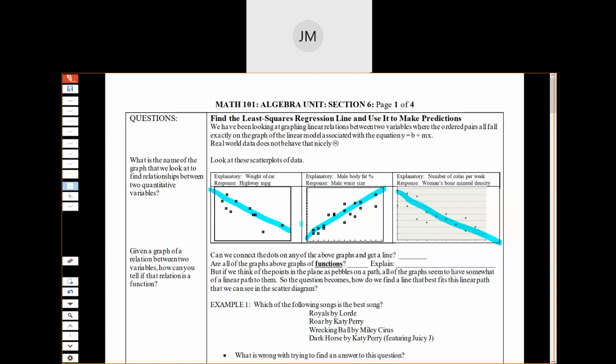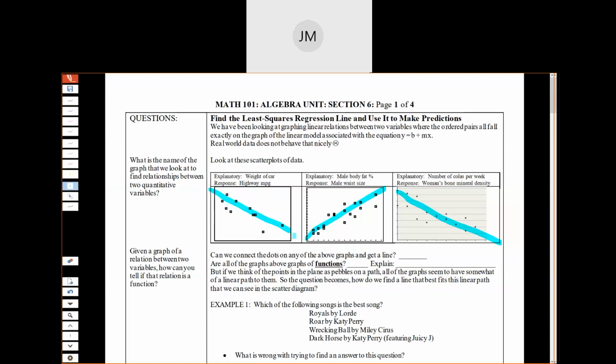I can say, as you get a heavier car, the mileage is going to be worse. So that's what we want to do here. We want to look at modeling real data, and we know that a line isn't going to fit perfectly. We don't have all the points lining up neatly.